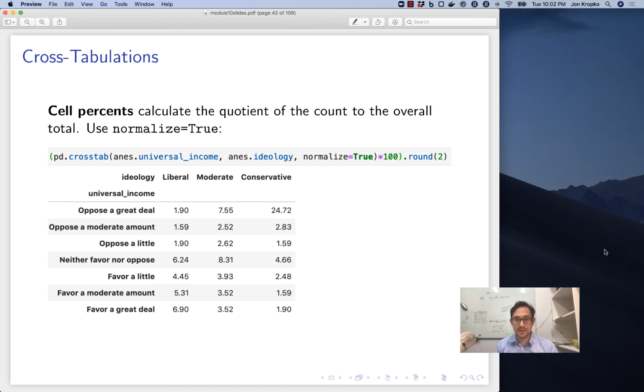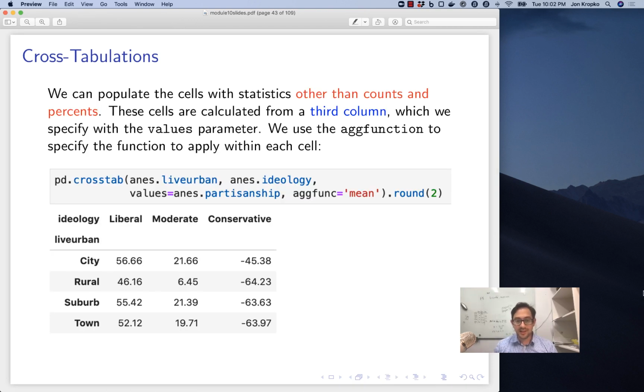So those are cross-tabulations. Now we can also populate the cells in a cross-tabulation with something other than a count or a percent. In this case, I'm creating a cross-tab of where people live. Do they live in a city, a rural area, suburb, or a town? And ideology, okay? But instead of a count, I'm putting in the mean value of partisanship.